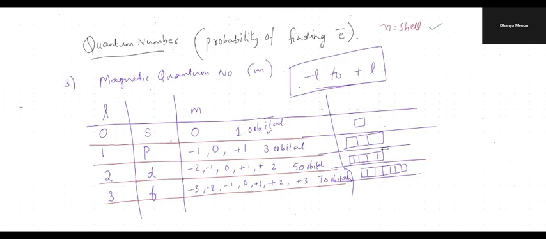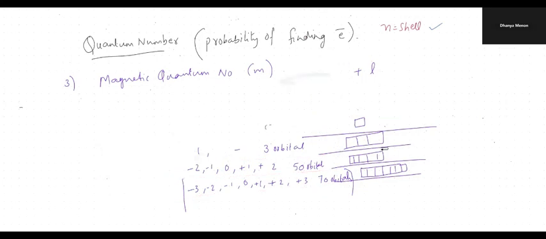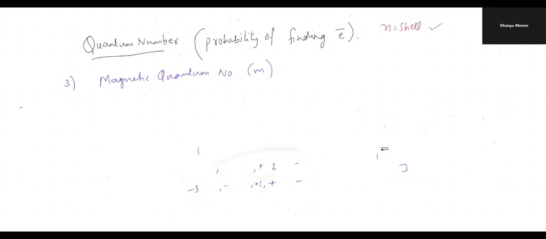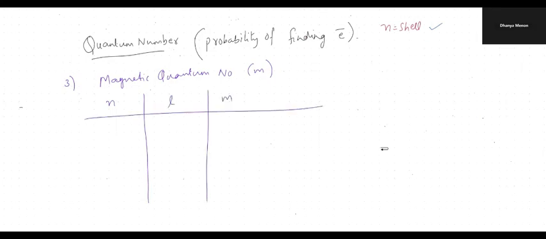n value, L value, M value, orbital. If n value is 1, L is 0. It represents the S subshell.